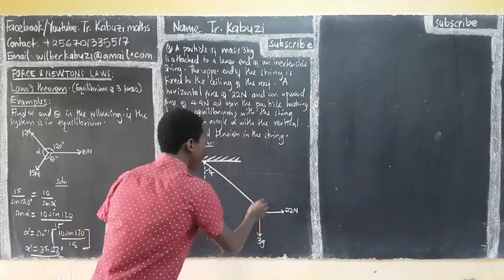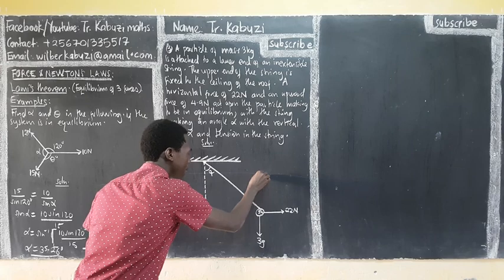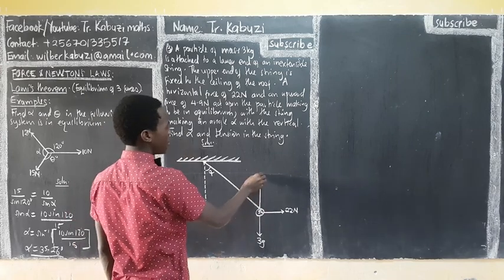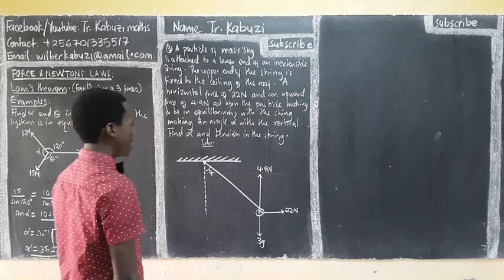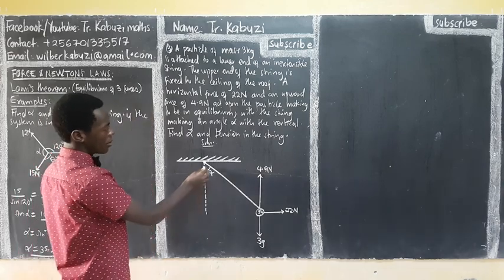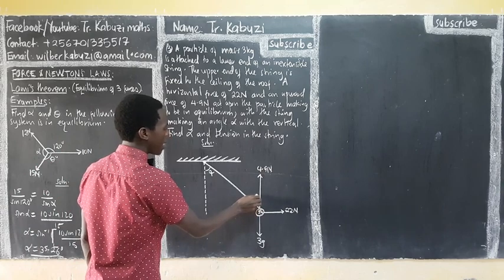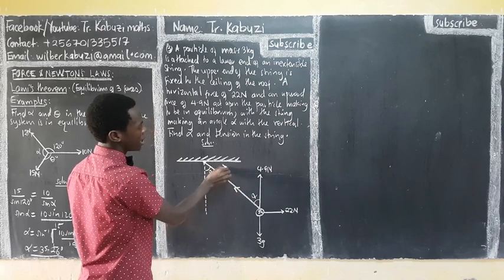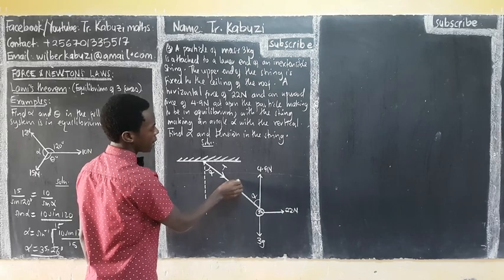We also have a force on this same particle acting vertically, and this is going to be 4.9 newtons. This angle here is going to be the same as this angle here, alpha. And we are going to expect some tension in that string.